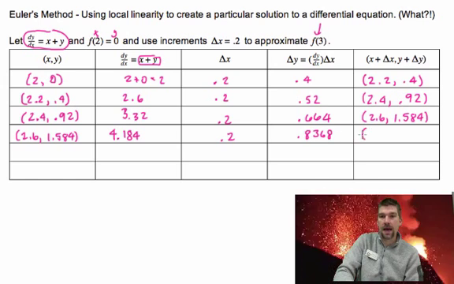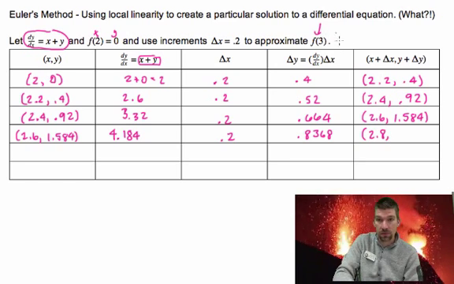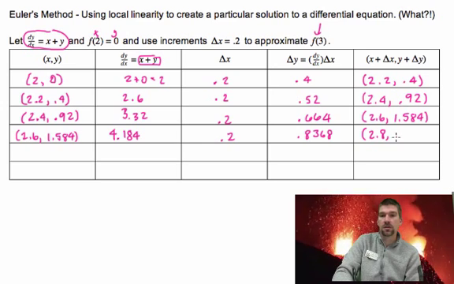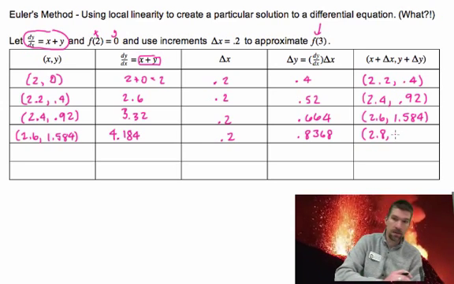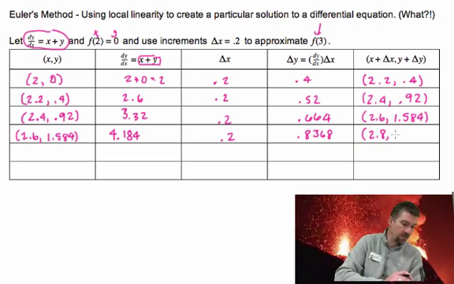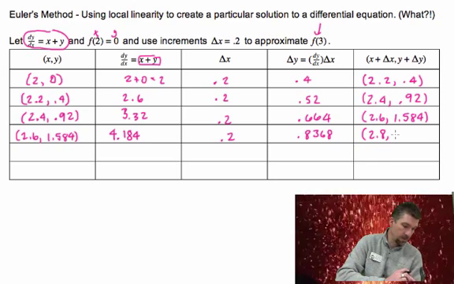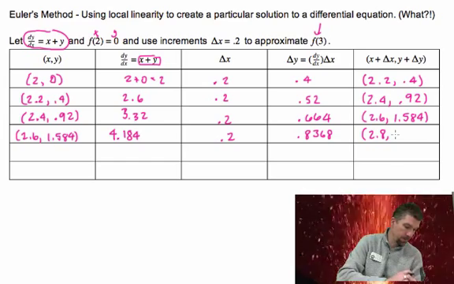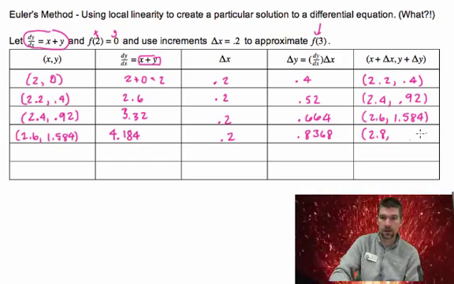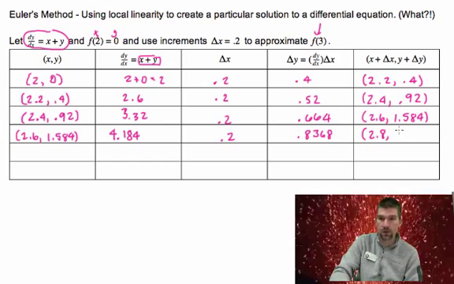And then I'm going to add all that stuff together. So 2.8. Now we're getting really close because remember we want f of 3. So 2.8 and 1.584 plus 0.8368, so this is going to be 2.4208.